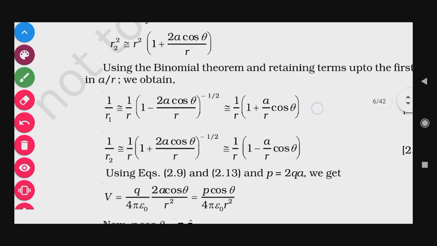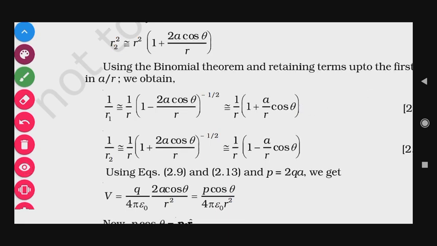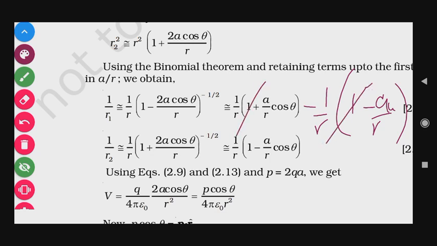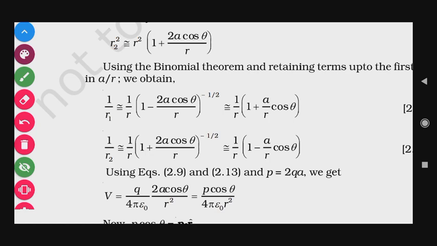After this there will be minus 1 by r, 1 minus a by r cos theta. I'm not writing the whole thing. So this minus will be multiplied inside, and this -1 will be cancelled out with -1. So what remains, I can write like this.